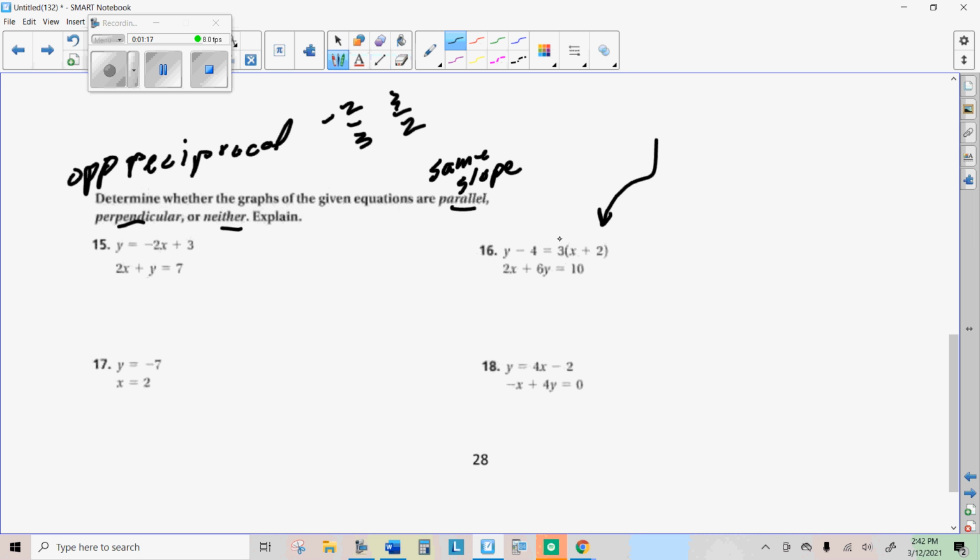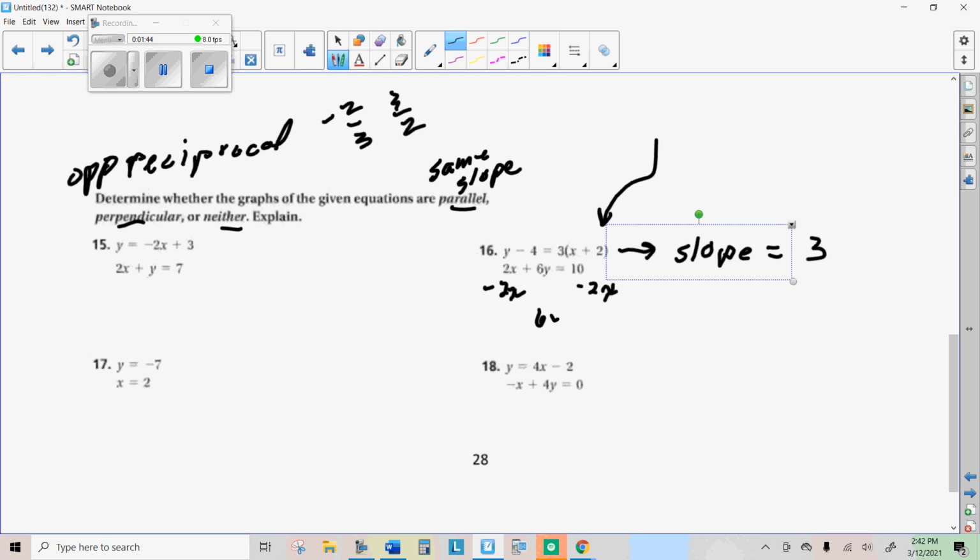All right, so we can see the first top equation here is written in point slope form, and the slope is 3. On the bottom equation, we can't tell the slope because it is written in standard form. So we're going to change that to slope-intercept form by solving for y. So I'm going to subtract 2x from both sides.